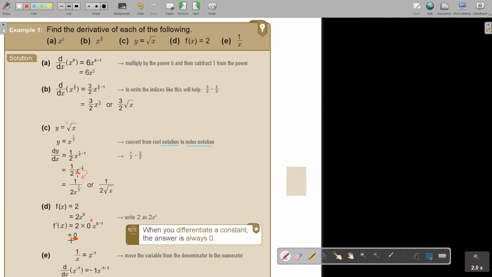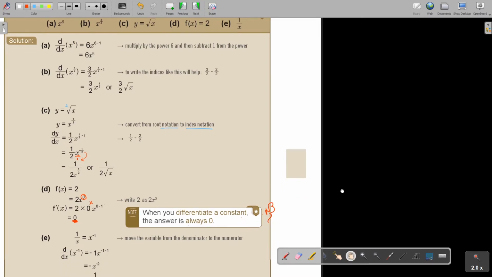So this is very, very important. When you differentiate a constant, the answer is always 0, because of that 0 that you multiply, and as soon as you multiply something by 0, everything will become 0. Very important to remember that. And then the final one I'm going to show you here.